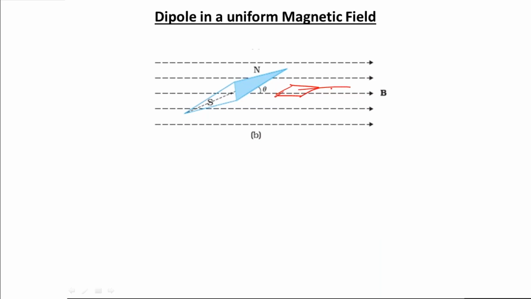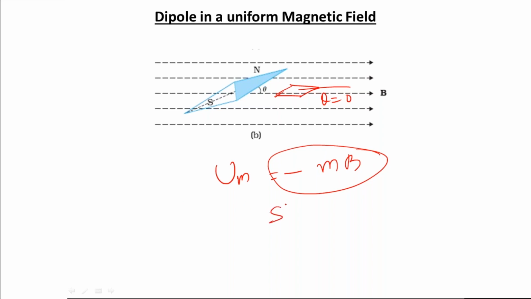If theta is 0, the magnetic potential energy will be minus mB. This is the minimum potential energy you can have for a magnetic dipole in a uniform magnetic field B. And always, minimum energy states are called stable states. So this is the stable state, in your book it is written as the most stable state.